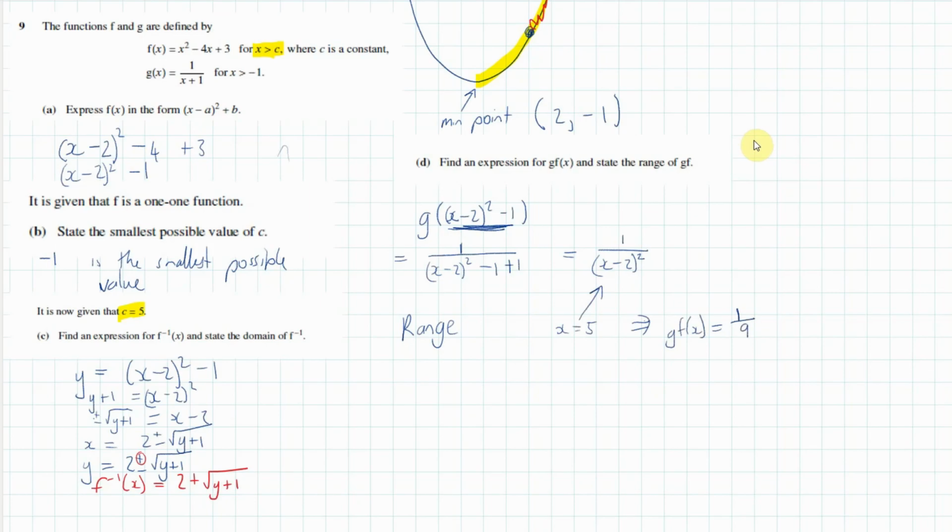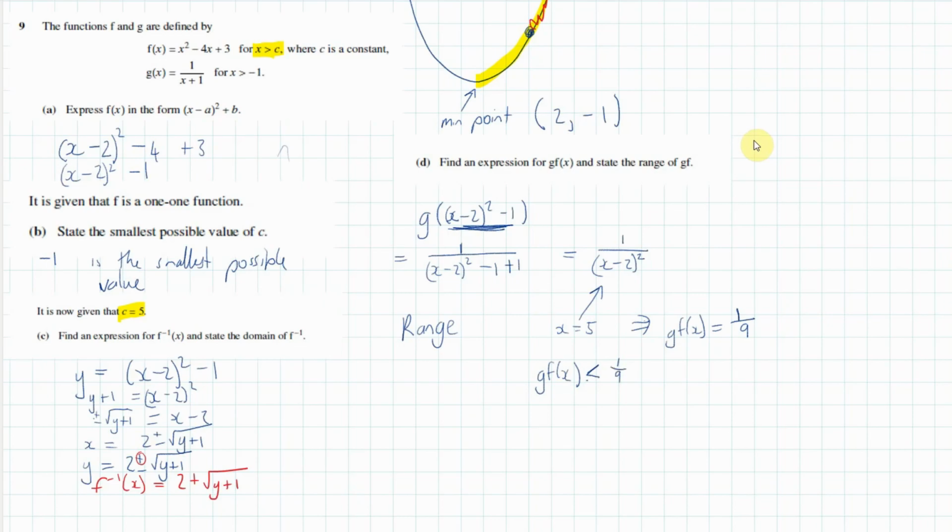That is the greatest possible value of the function. It has to be less than, or would we say equal to? No, less than 1/9.